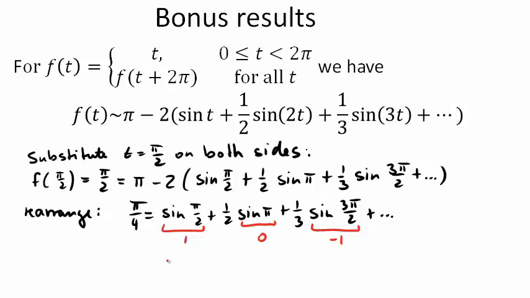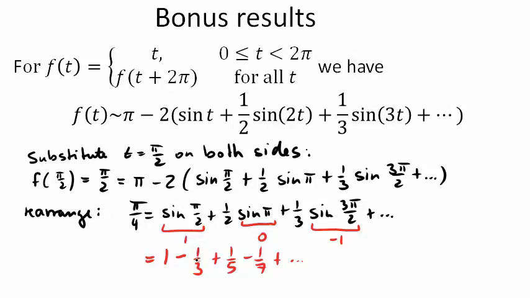So what we can do is write this as 1, and then what's left here is 0, and there's a third here, so we've got minus a third, and it's plus 1/5 minus 1/7 plus, and so on. And of course we now have a representation for pi on 4, which can be written like that.